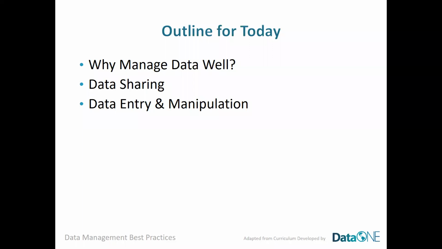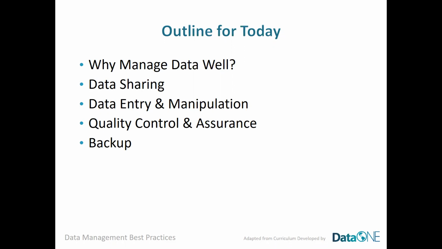We're going to go over some data entry and data manipulation best practices that help you ensure that your data are good quality. And then some quality control and quality assurance tips and tricks that you can employ to find errors and correct those errors.